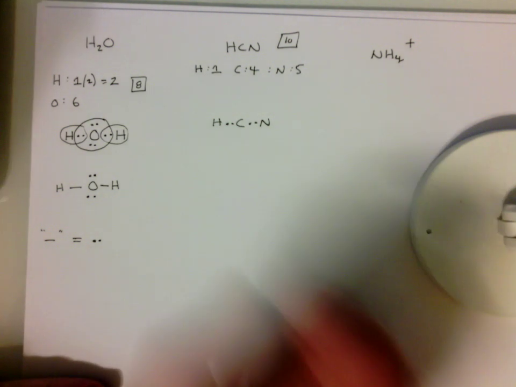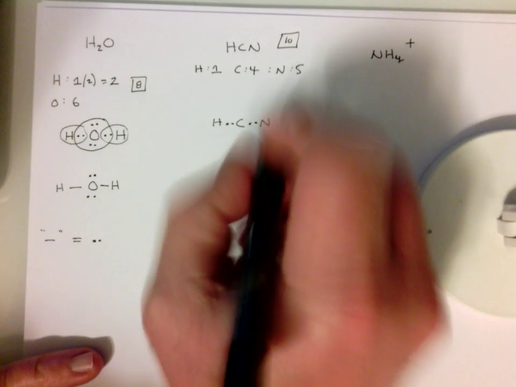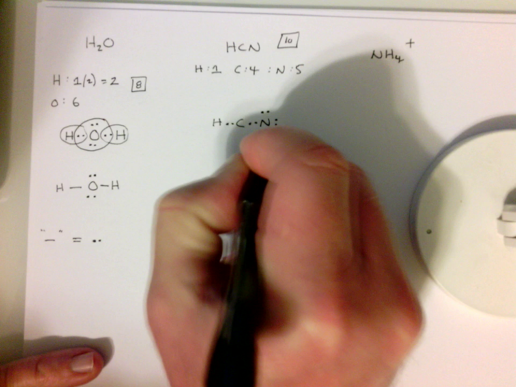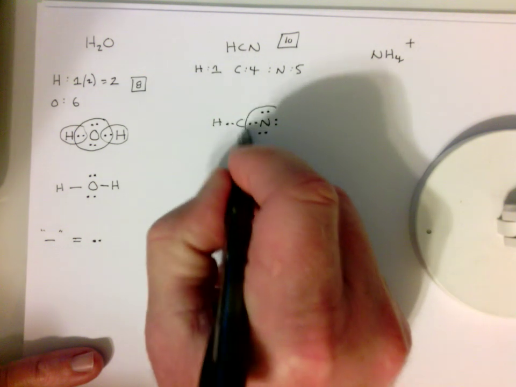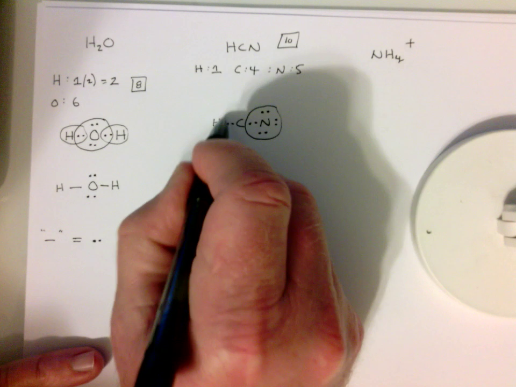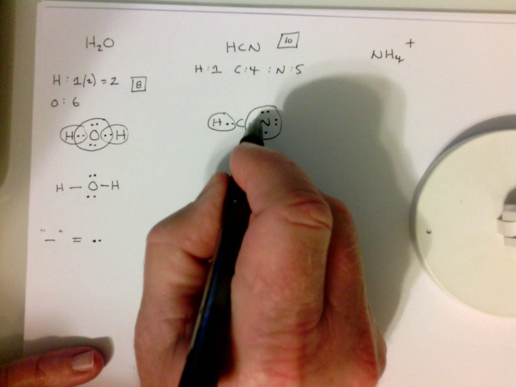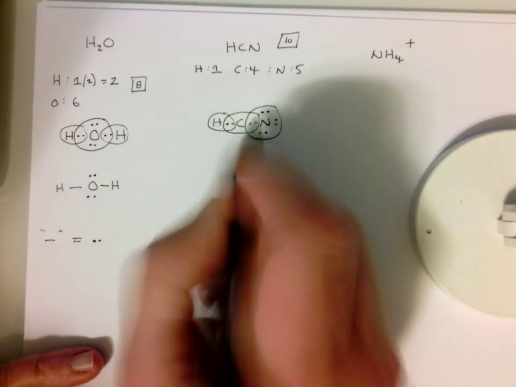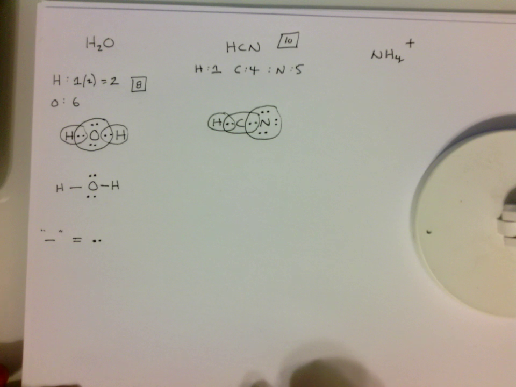Continuing, I have 6 electrons left. Now, one might think to go 2, 4, 6, and that solves the octet rule for the nitrogen. The hydrogen's octet rule with only 2 is solved, but we have an issue with carbon only having 4 electrons displayed in the diagram.